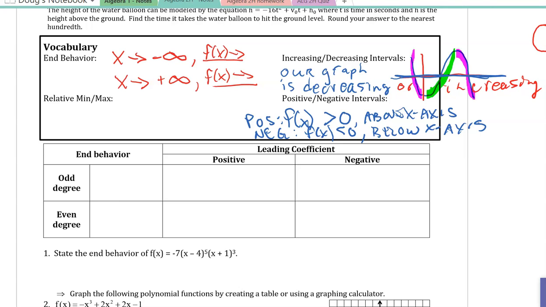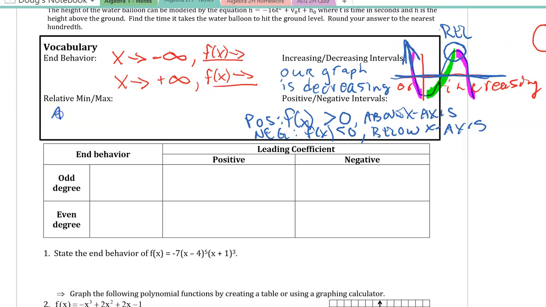A relative min or a relative max. Well, if we take a look at our graph that we've been using here, we'll see that our end behavior on the left as x approaches negative infinity, it goes off to positive infinity. But I have a relative max to the right, where the function itself increases, pauses for a moment, and then decreases again, and that is called a relative max.